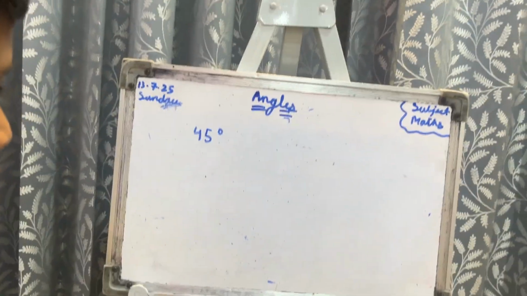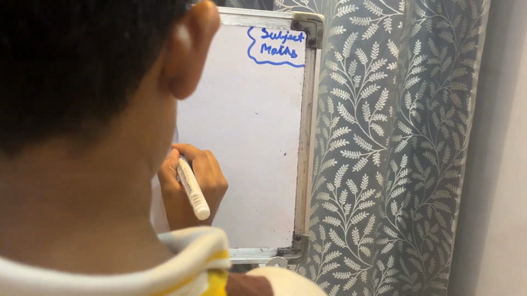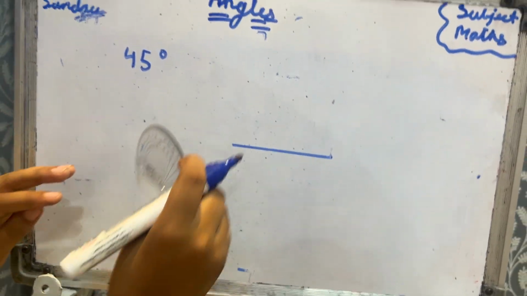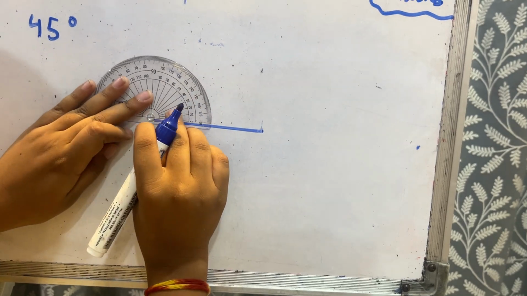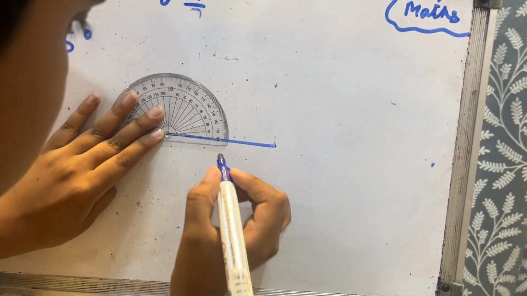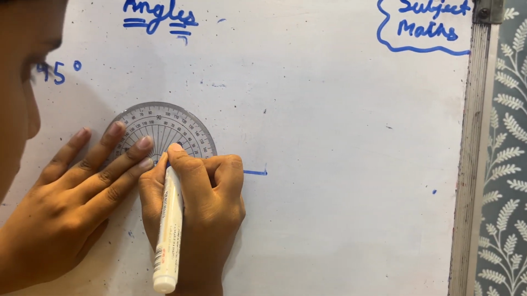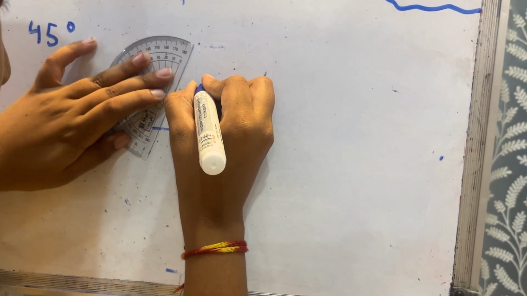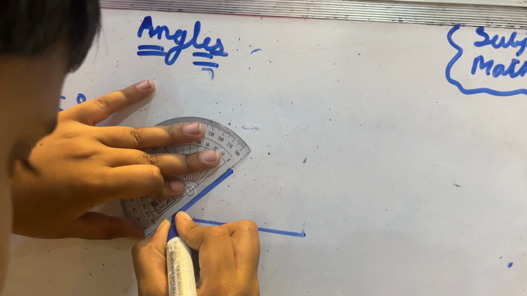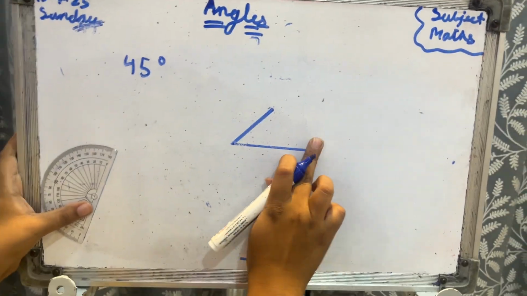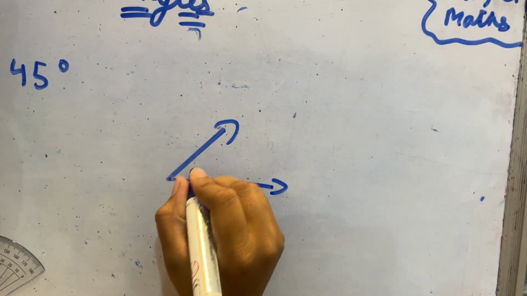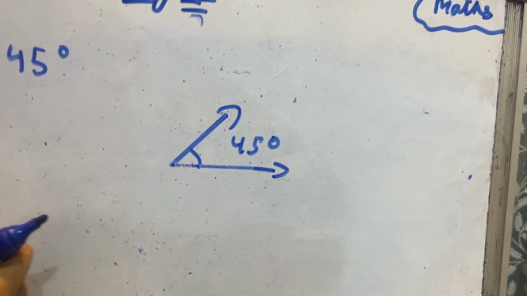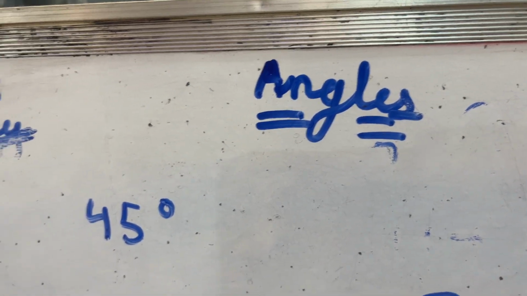You will make a line, and if you don't have a protractor, you can use a watch also. But I have a protractor, so measure it till 45: 40, 41, 42, 43, 44, 45. And it's completed. So it became a 45 degree angle. That's how angles are created.